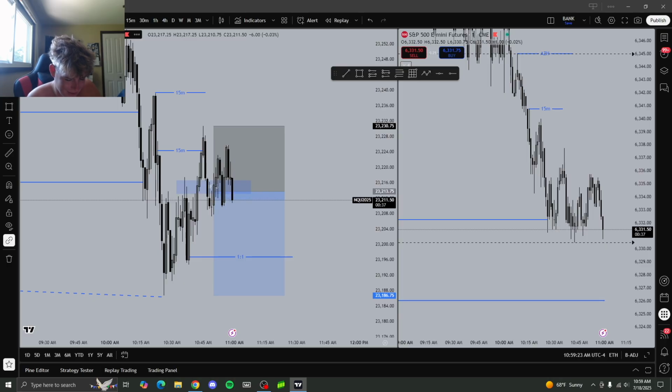We can get a really strong candle closure down here. That'd be beautiful. Just displace.